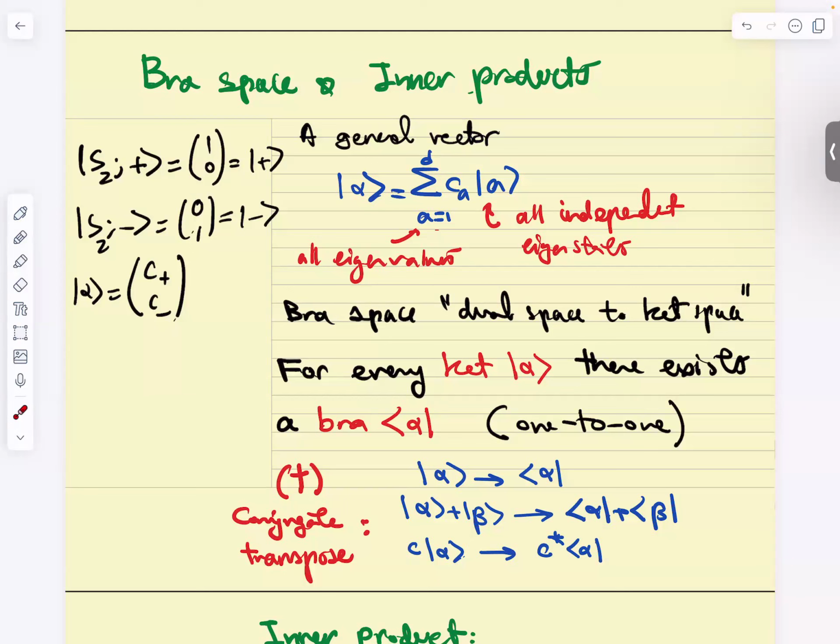Now, the bra space, for those familiar with the mathematical terminology of vector spaces, is the dual space of the kets space. If this doesn't tell you anything, don't worry about it. Does anyone know what the dual space is, out of curiosity?